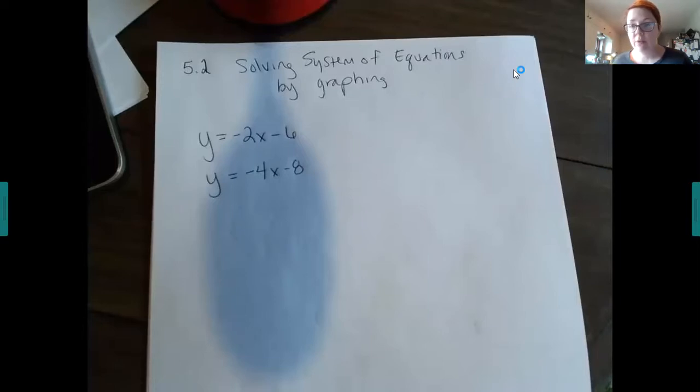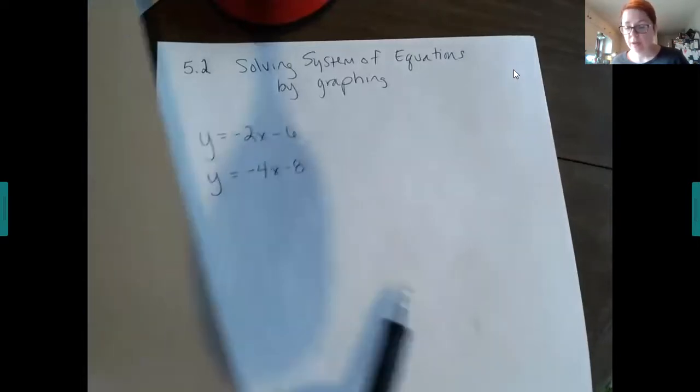A break-even point is where your two business functions, your cost and your profit, intersect. So when we talk about a solution for two equations, and that solution is an intersection, you're going to have a value for x and a value for y.